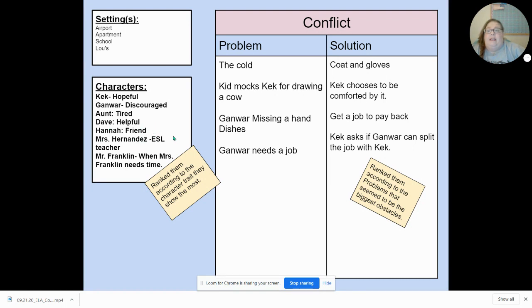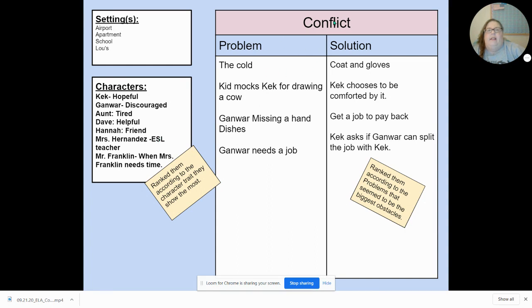Miss Hernandez is his ESL teacher. And Mr. Franklin, these two weren't characterized by their character traits because we don't really see enough of them. However, they were characterized by their roles. So the more we know about the character, the more we can select and rank with the character.